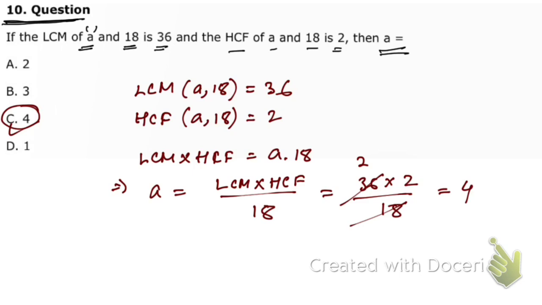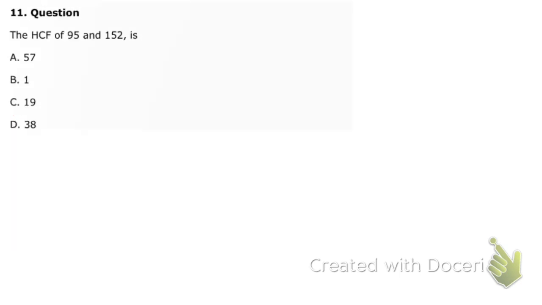Right. Now let's move on to the next question, question number 11. Here, the ACF of 95 and 125. We need to find the ACF. You can apply the division method, or you can apply the prime factorization method. Let me show you the division method. 152, if you divide it by 95, what are you going to get?